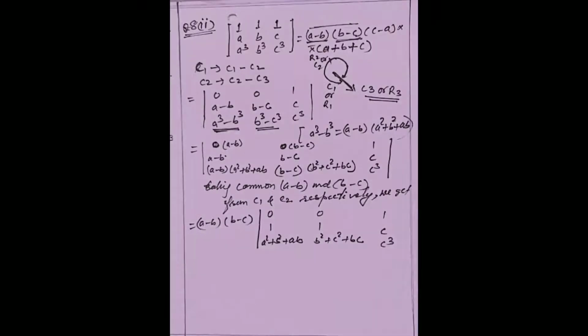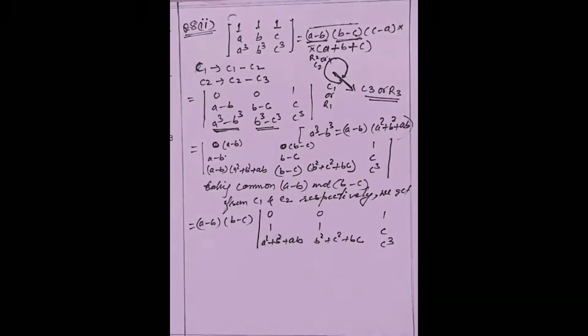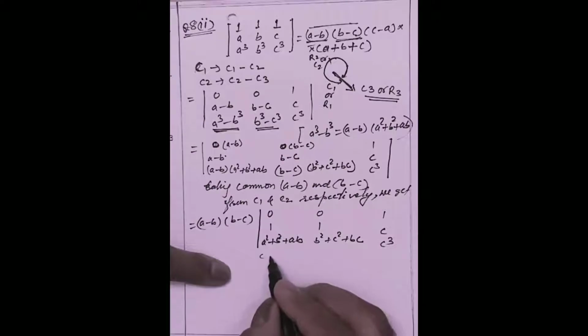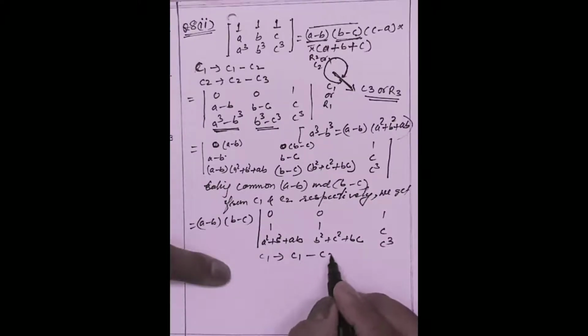It looks like it will become a little complicated, but we are getting one more 0 over here after subtracting these two, so that's a better option for us. So I'm writing here that C1 again is going to change with the help of C1 minus C2.